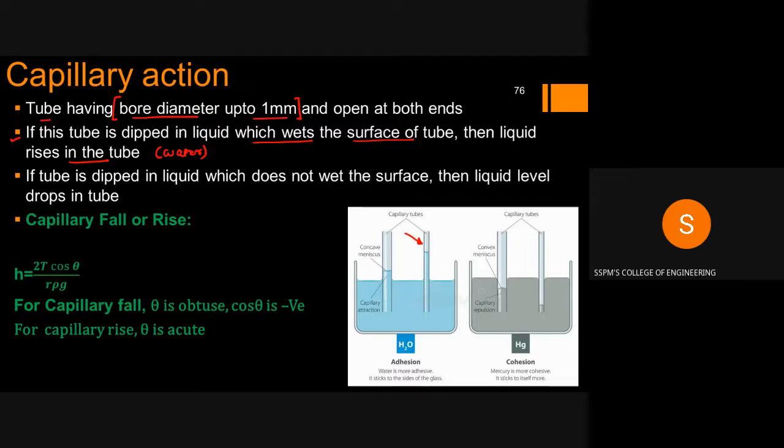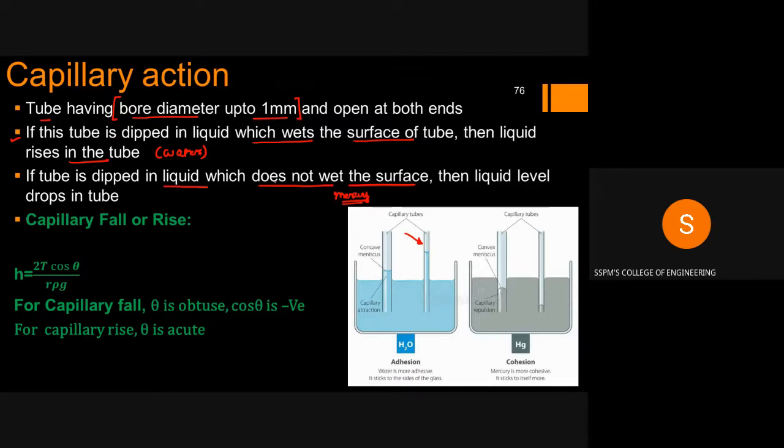If the tube is dipped in a liquid which does not wet the surface, here the example is mercury, then for mercury the angle of contact is obtuse, nearly 135 degrees, and the liquid level will drop in the tube.